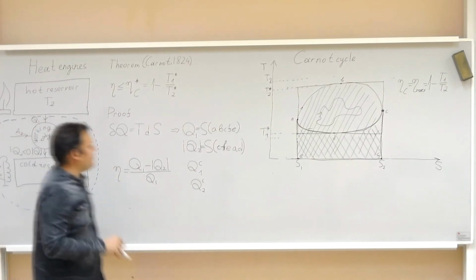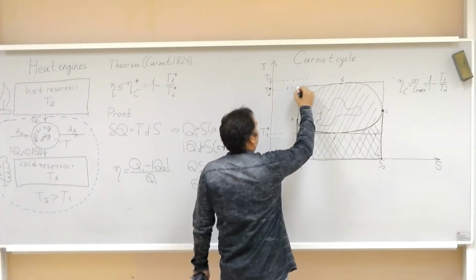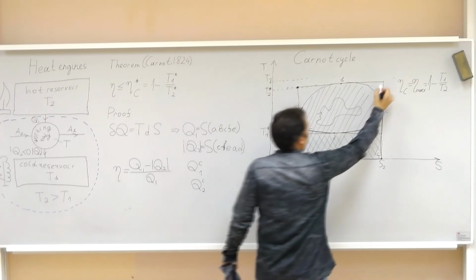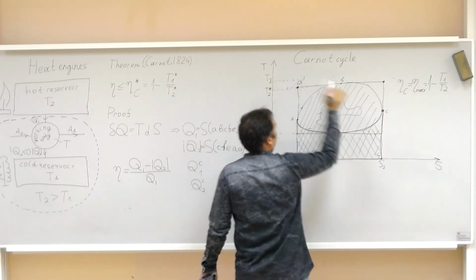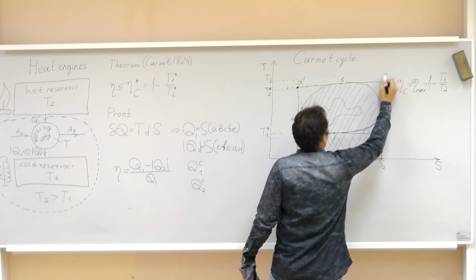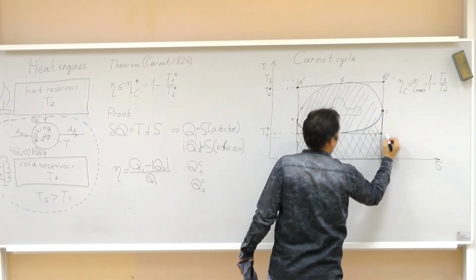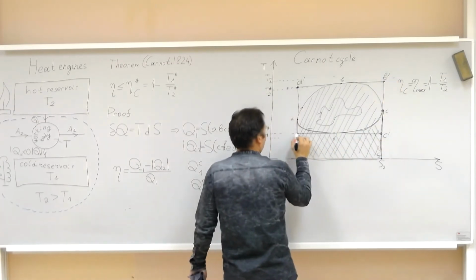And here we should introduce a couple of points. Let me write point A prime, B prime, C prime, and D prime.